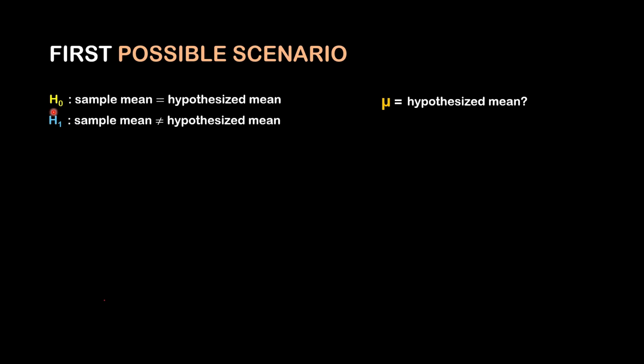In our null hypothesis, we state that the sample mean is equal to the hypothesized mean, and if that statement holds, then we can trust the hypothesized mean to be the actual population mean, or at least very, very close to it. In the alternative statement, we say that the sample mean is going to be different from the hypothesized mean, that there's going to be a statistically significant difference between the sample mean and the hypothesized mean.